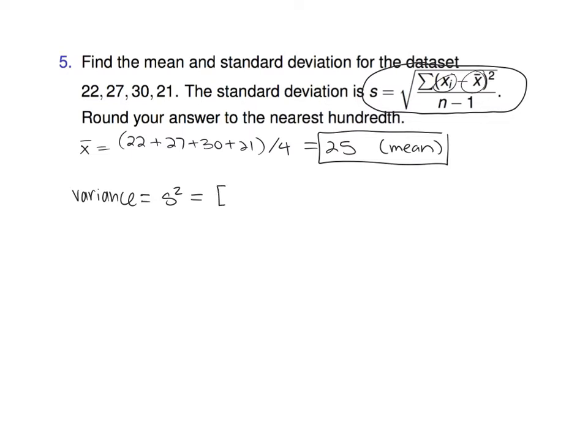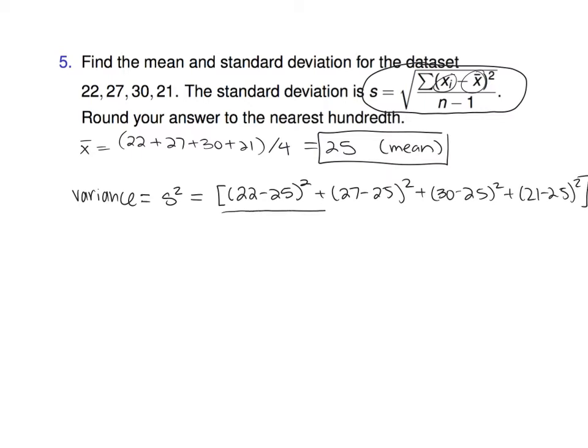There's a technical reason why that's n minus 1, but I'm afraid it's incredibly theoretical. 22 minus 25 squared plus 27 minus 25 squared plus 30 minus 25 squared plus 21 minus 25 squared. All of that divided by 4 minus 1, or 3.